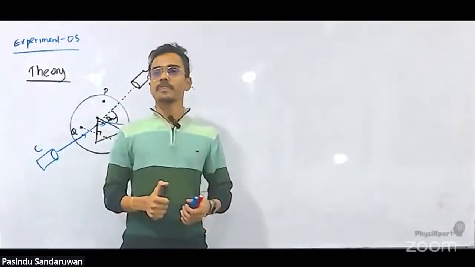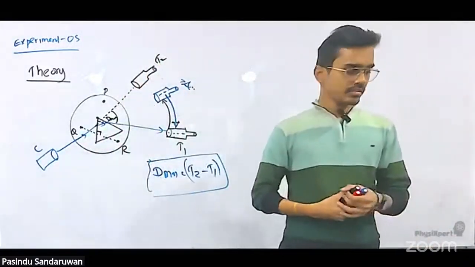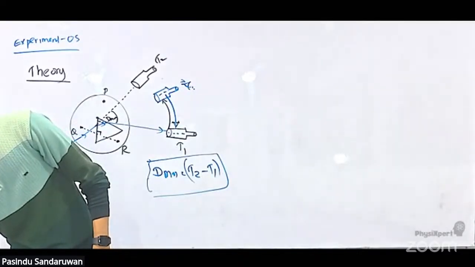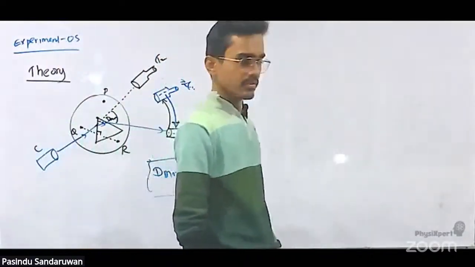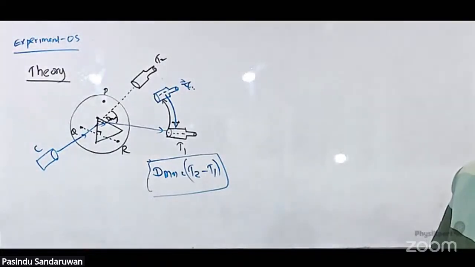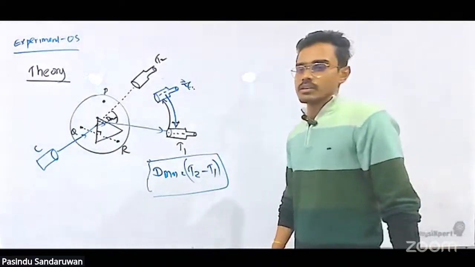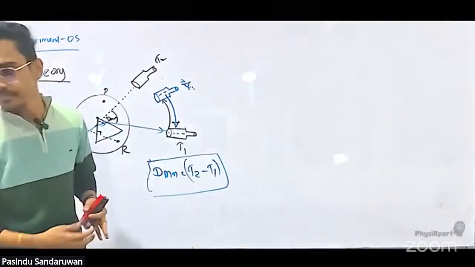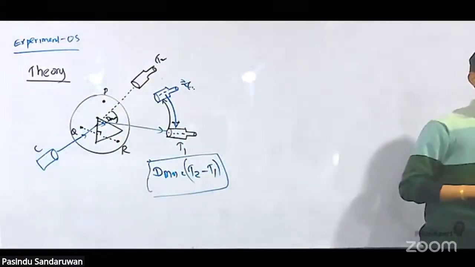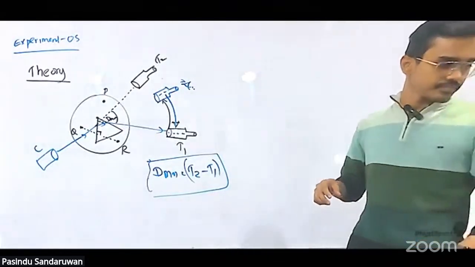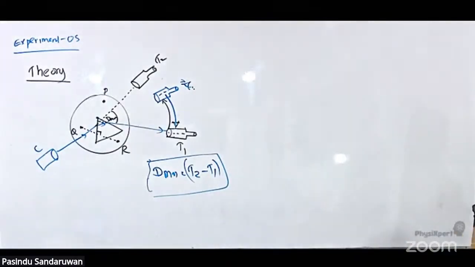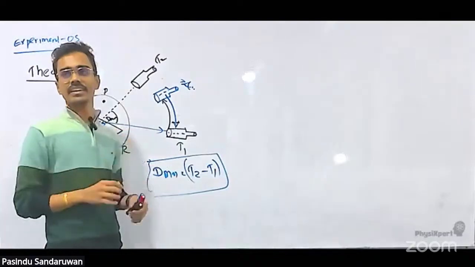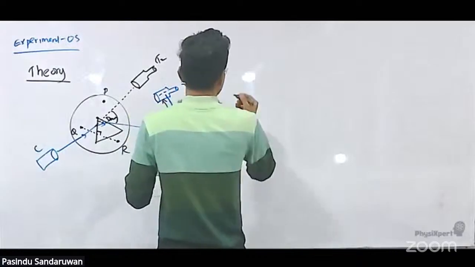If angle of minimum deviation is dmin, and refractive index of prism material is n, what is the equation?